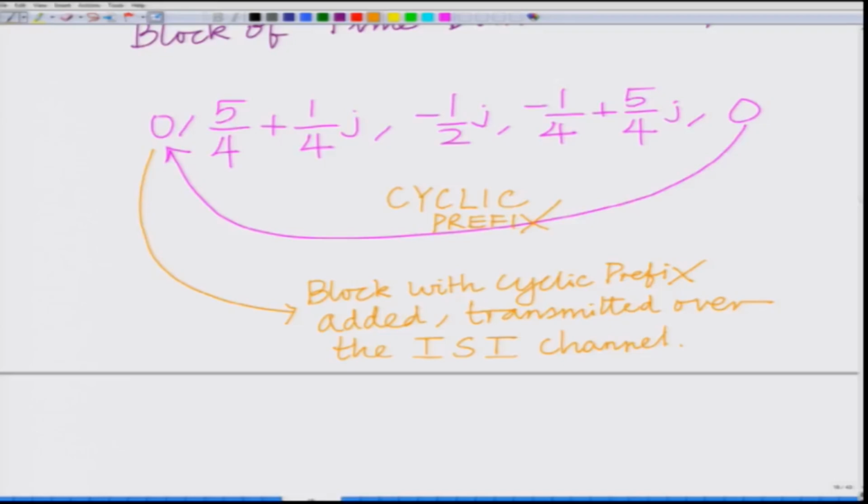So, you are taking the time domain samples of these subcarriers on which the information symbols and the pilot symbols are arranged in a comb type fashion. All right, you take the N-point IFFT to generate the time domain samples, add the cyclic prefix. Now, the cyclic prefix added block is what is actually transmitted over the ISI channel.